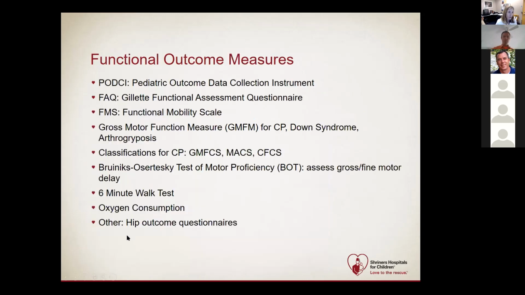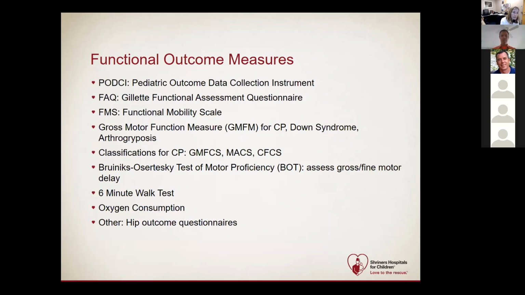Another aspect of our exam is looking at outcomes and their functional outcomes, and we do a number of things. We have parents fill out questionnaires. One of them is the Pediatric Outcome Data Collection Instrument, or the PODCI. We look at some gait outcome measures. Again, these are filled out by the family, so they give their kid a score. This is our Gillette Functional Assessment Questionnaire. We have another one, the mobility scale.